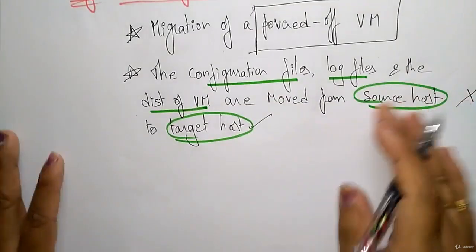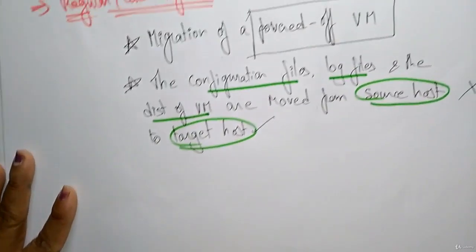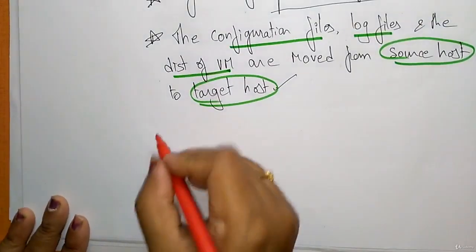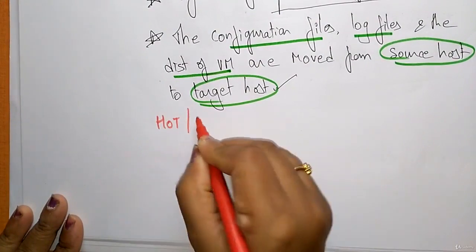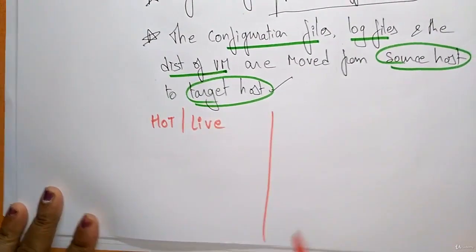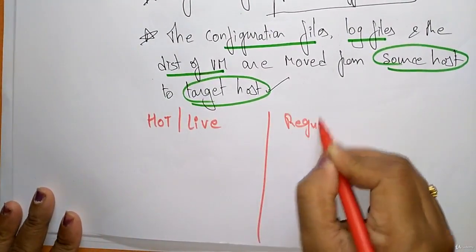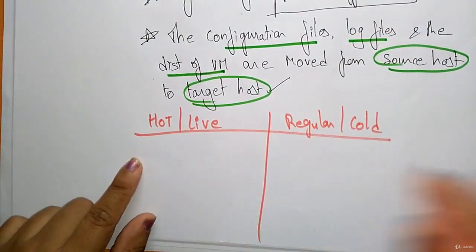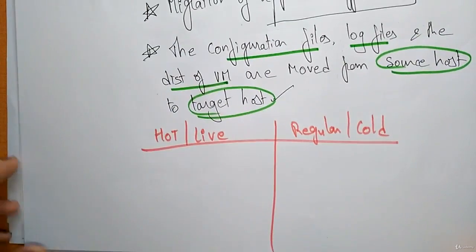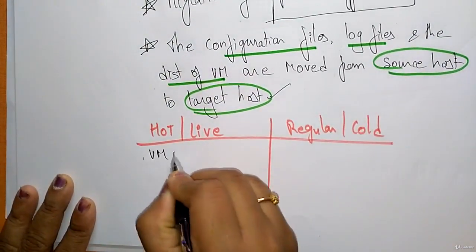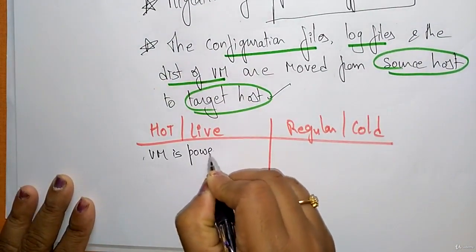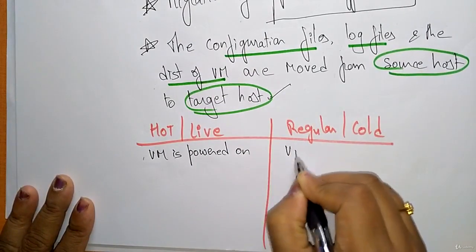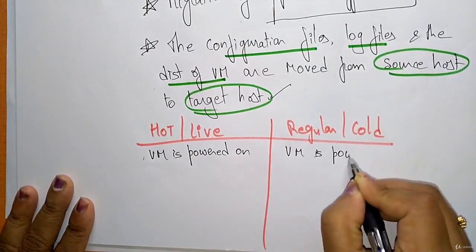Let me give an overview of the main differences between hot or live migration and regular or cold migration. In hot or live migration, the virtual machine is powered on, and here the virtual machine is powered off.